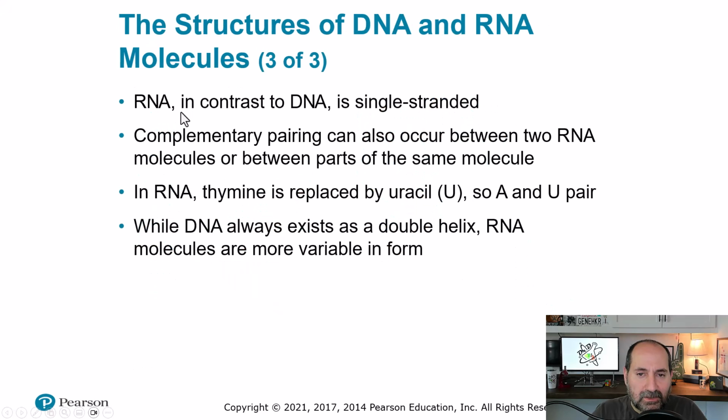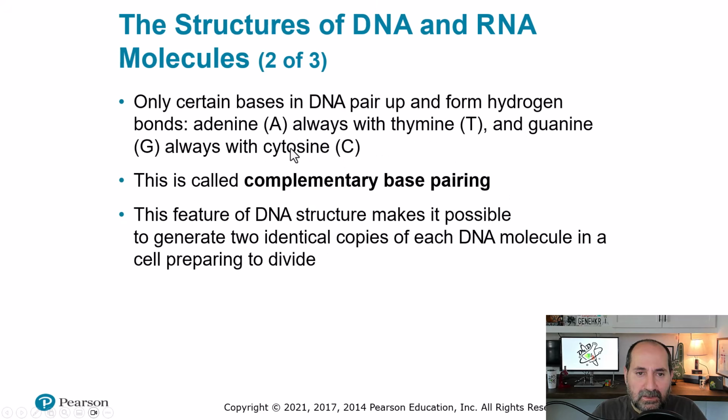So you can see here, complementary base pairing occurs between two strands of DNA. The A's always pair up with T's in DNA, and the G's always pair up with C's in DNA. This is known as complementary base pairing.